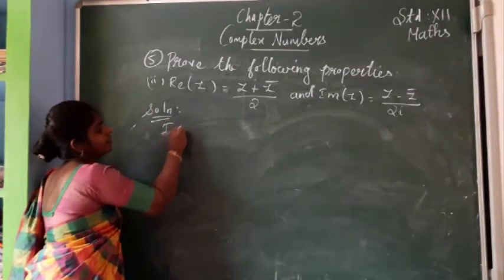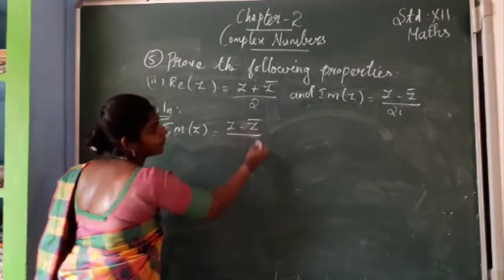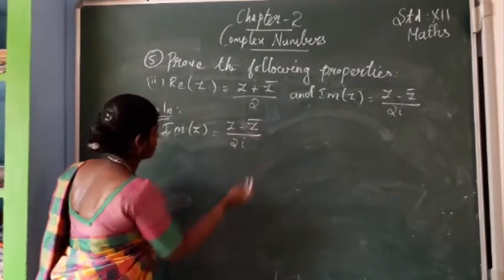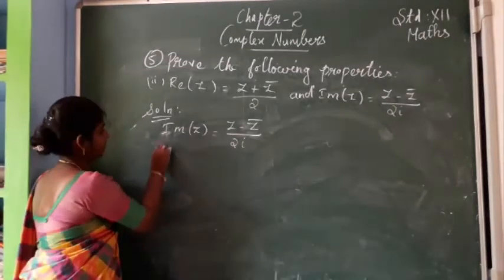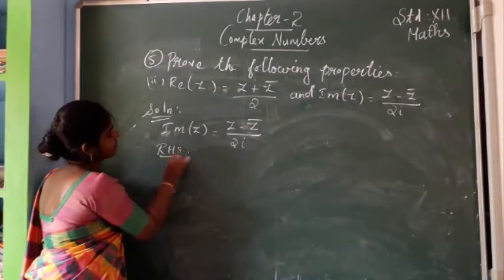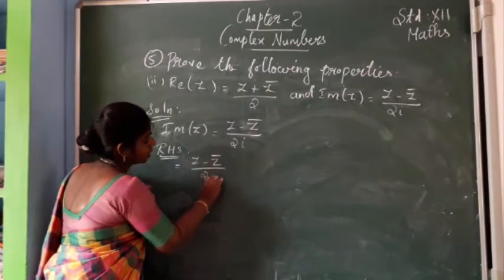Imaginary part of z is equal to z minus z bar divided by 2i. So first we prove the RHS value. RHS equal to z minus z bar divided by 2i.